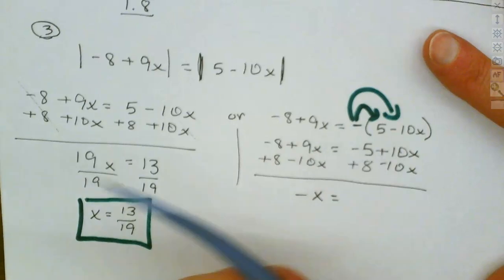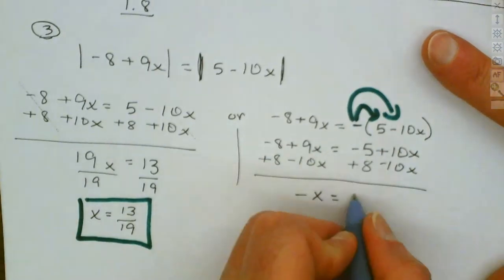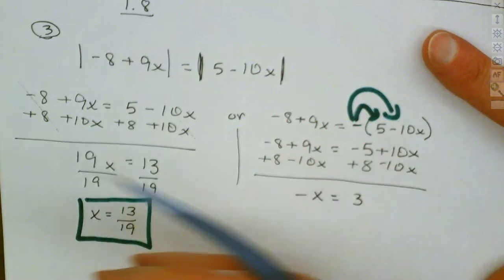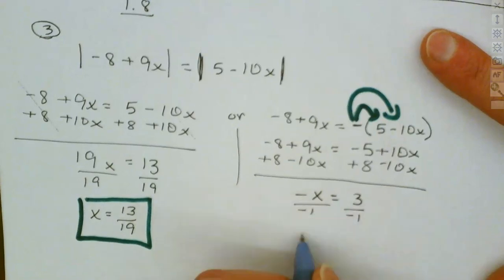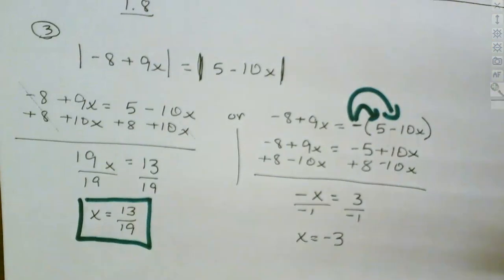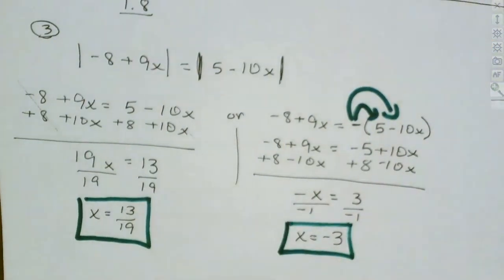A minus 5 plus 8. Well, minus 5 plus 8 leaves you with a 3. The 10x's cancel. We're going to finish this by dividing by a negative 1. And now we've got our second solution, which is x equaling negative 3. So those are going to be your two solutions there.